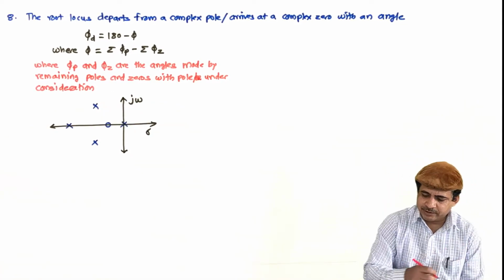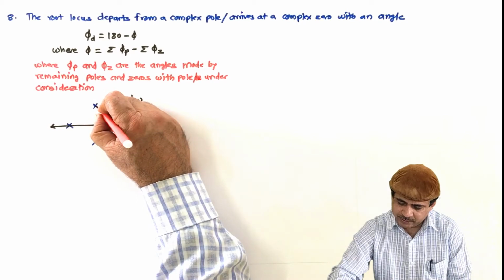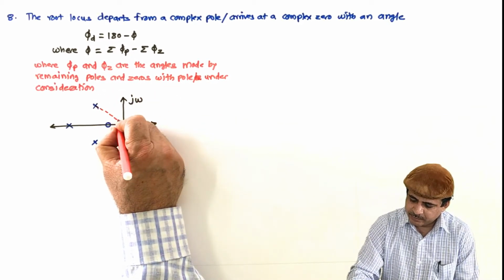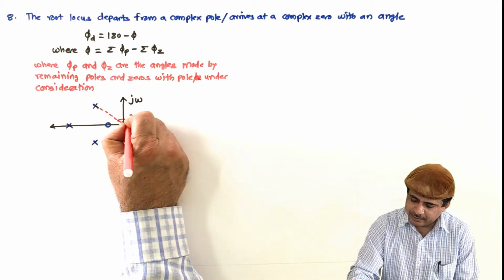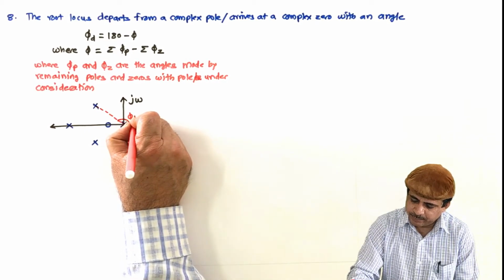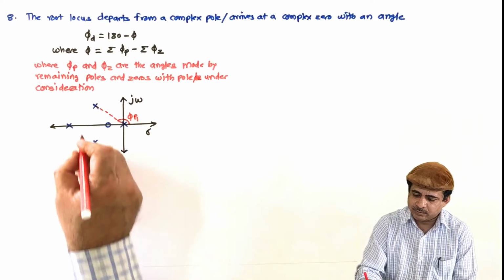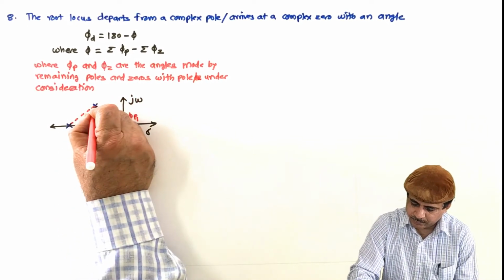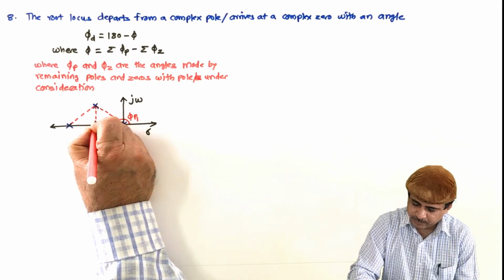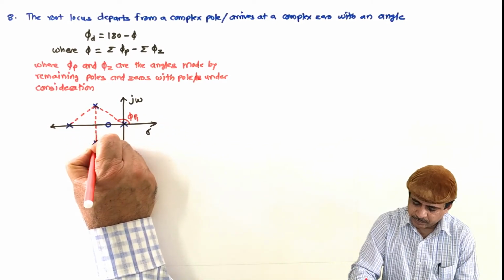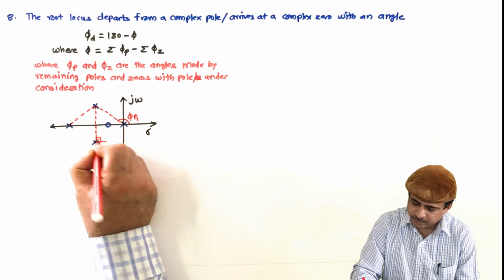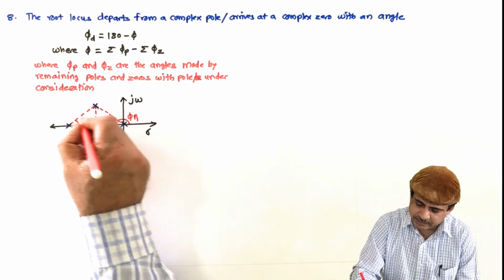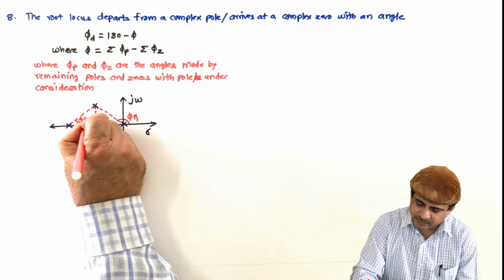And how is it done? For that purpose, this is the angle phi p1. Let this be the first pole. Let this be the second pole, and this is phi p2.